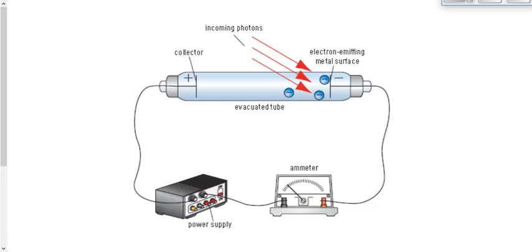When photons of sufficient frequency strike that metal surface, then the electrons will be ejected, if they're of high enough frequency. Now, notice we also have this hooked up to a power supply, which generates an electric current and sends it through the wire. We also have it hooked up to an ammeter, which measures electric current.